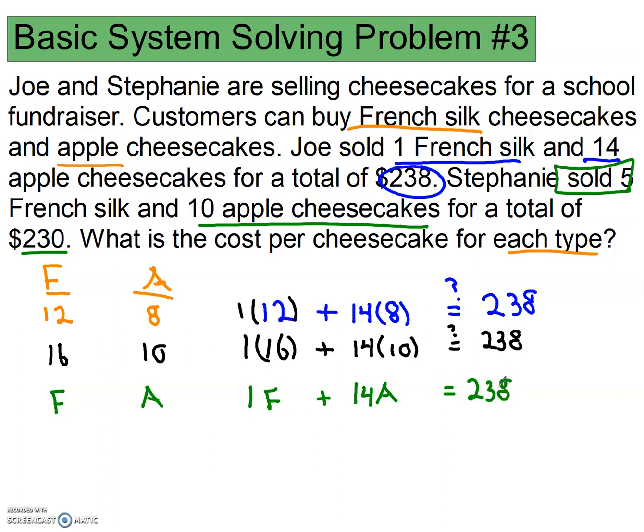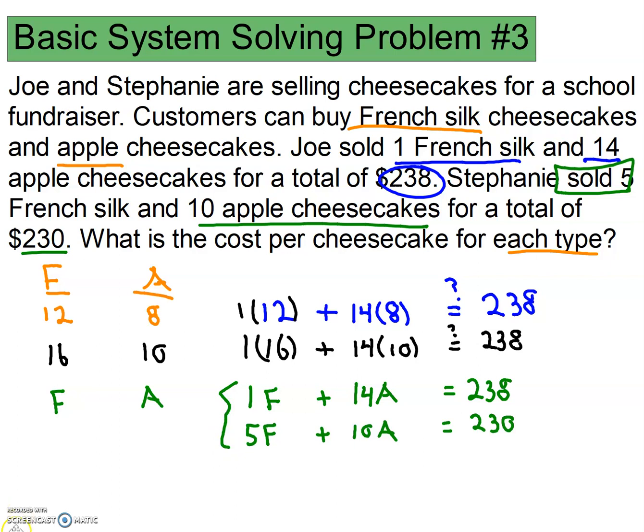And also, up here where Stephanie sold all these, 5 times the French silk price plus 10 times the apple price is supposed to equal $230. So now I've got, again, a system of equations I can use to solve and find out what the answer is.